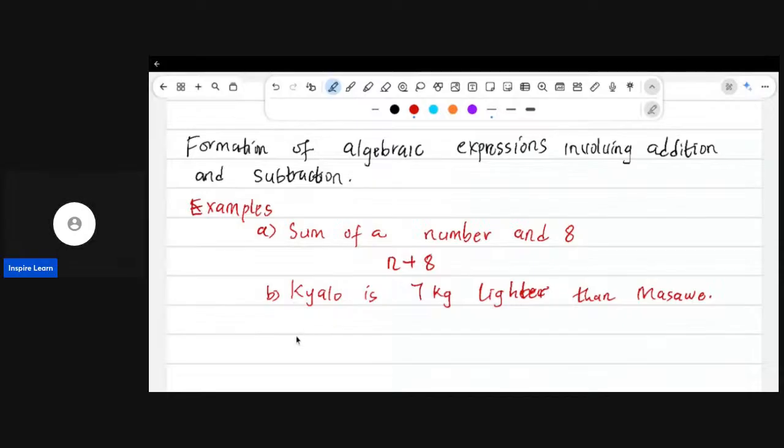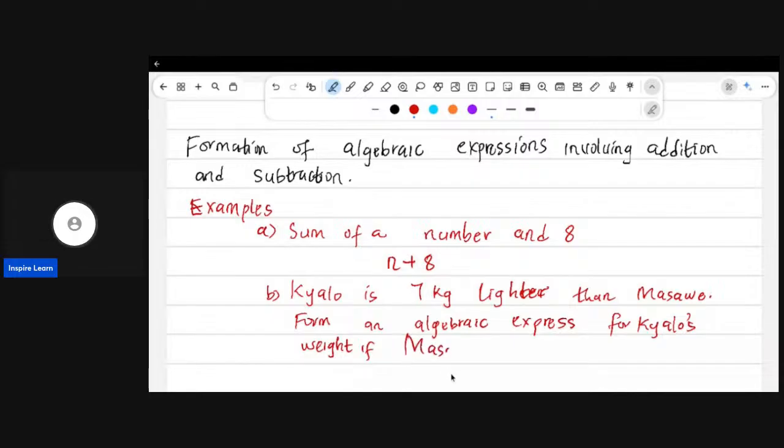Then you're told to form an algebraic expression for Kilo's weight if Masawe weighs W kg. So what is the question asking us?